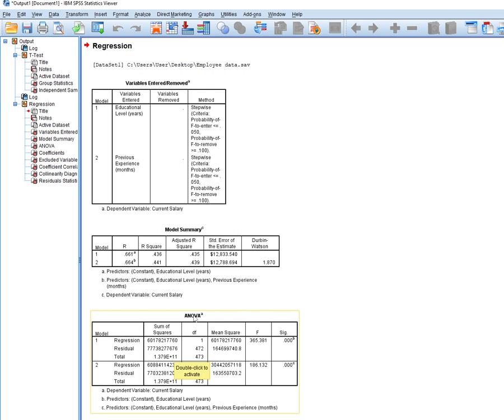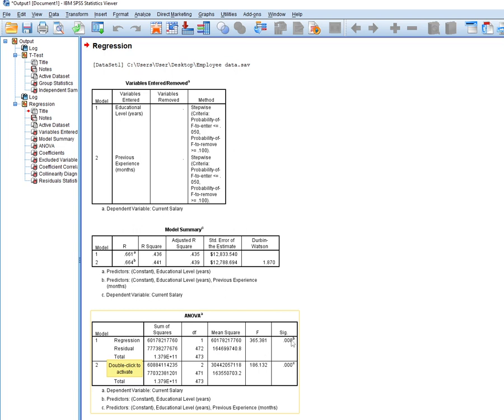So let's go to ANOVA, which, as we said, is basically talking about goodness of fit, or whether your model is fit for prediction. Of course, in having both models, the first one, I have explained this to emphasize it: the first model is when you're having education alone.